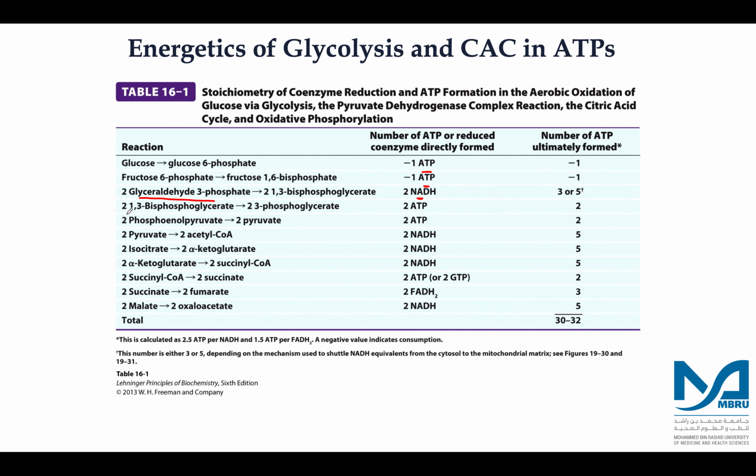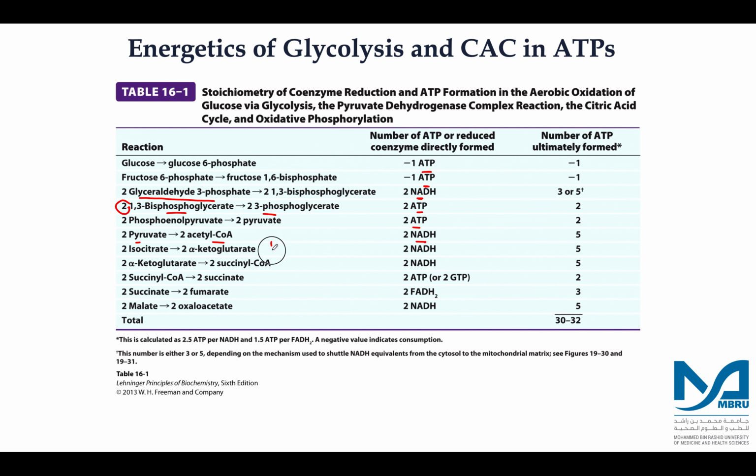And then I go for 1,3-bisphosphoglycerate getting converted to 3-phosphoglycerate, and in this step I also produce 2 ATP because I get 2 molecules of 1,3-bisphosphoglycerate from 1 glucose molecule. Then 2 phosphoenolpyruvate to 2 pyruvates, again 2 ATP, and 2 pyruvates to 2 acetyl coenzyme A molecules, which gives rise to 2 NADH.